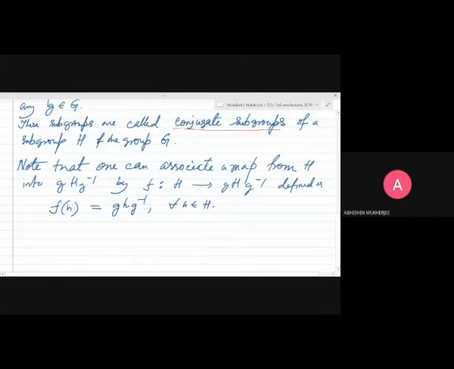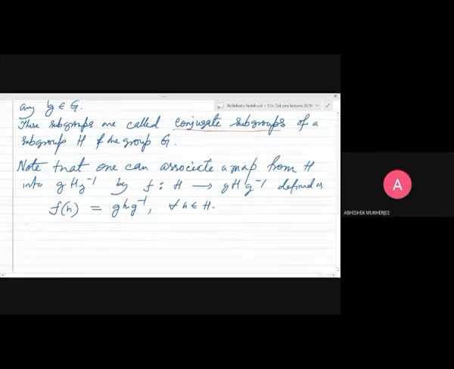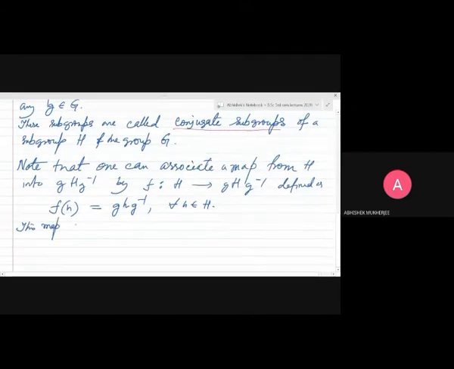So if you have any subgroup, then for any element G of the group, you can associate one conjugate subgroup, and from the given subgroup H into the conjugate subgroup G H G inverse corresponding to the element G, you can associate a map, right? And interestingly, this map f is both one-one and onto.